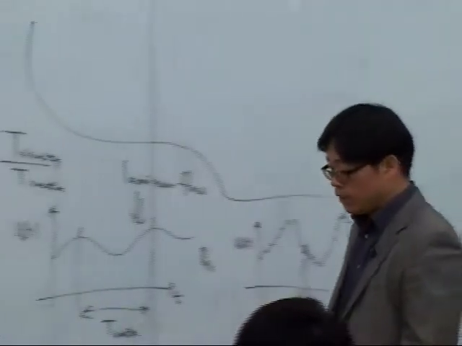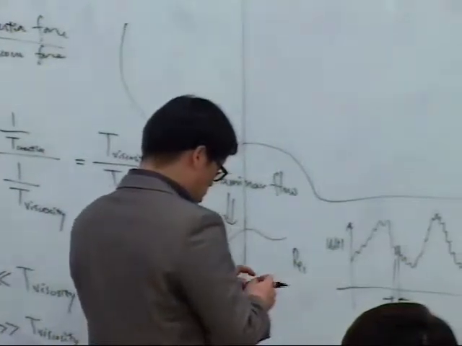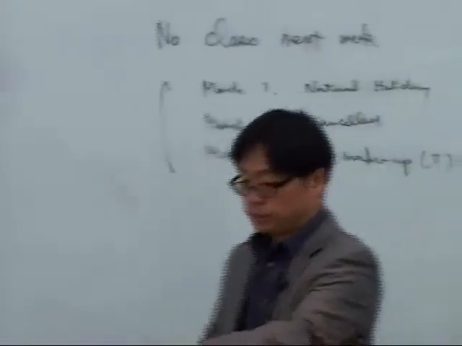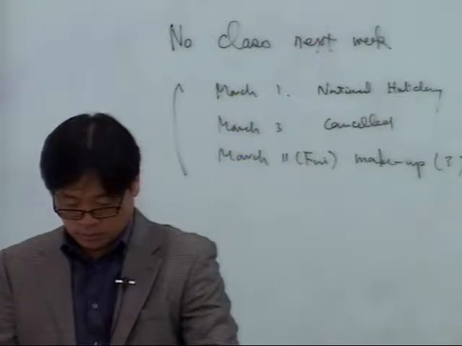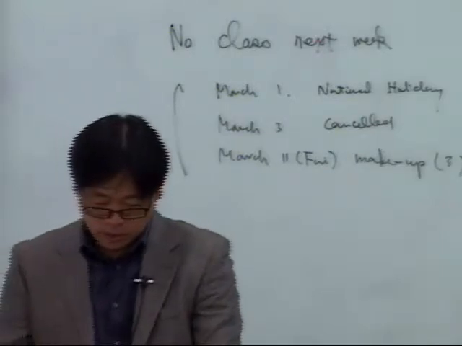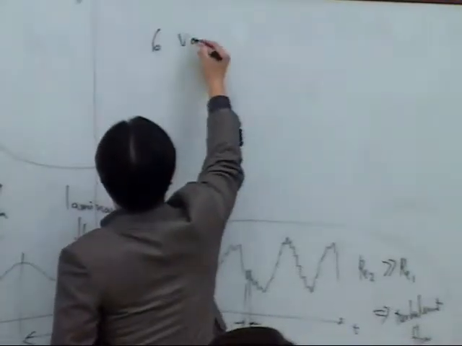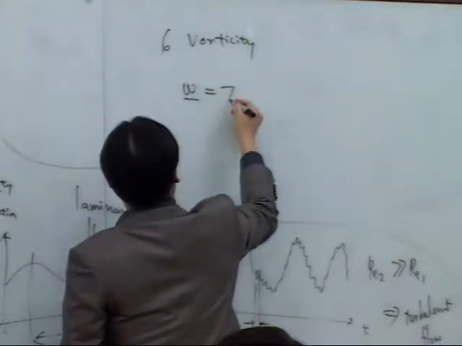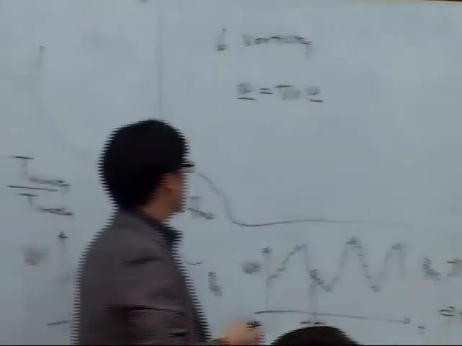Okay, that's one thing that we discussed, and the other thing that we started to discuss was vorticity. Vorticity is defined as the curl of velocity in this way, and there are three components.